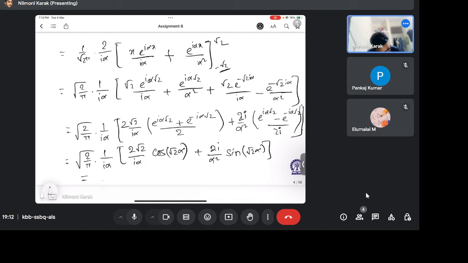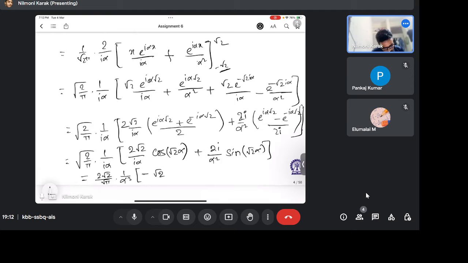Here alpha square is there, so the LCM is i alpha square, and you have to make it alpha cube also. And i is there, so you multiply by i.